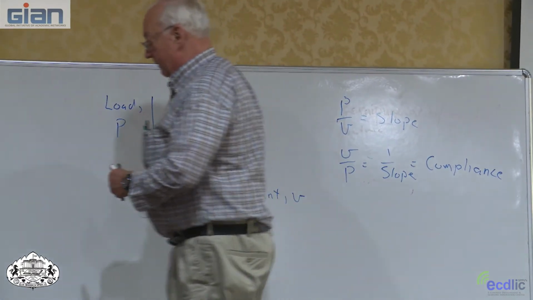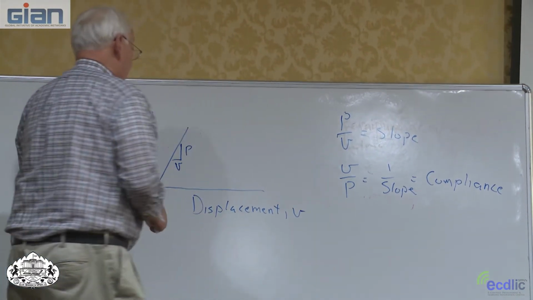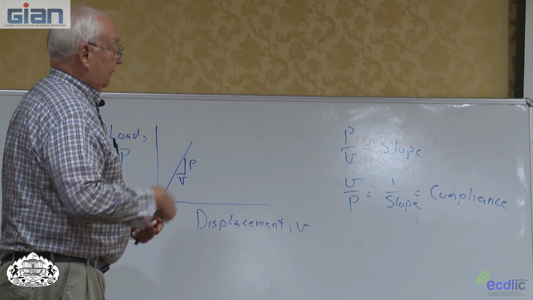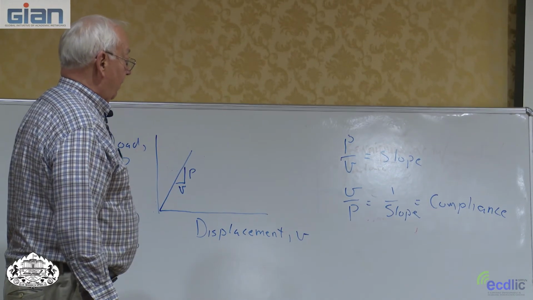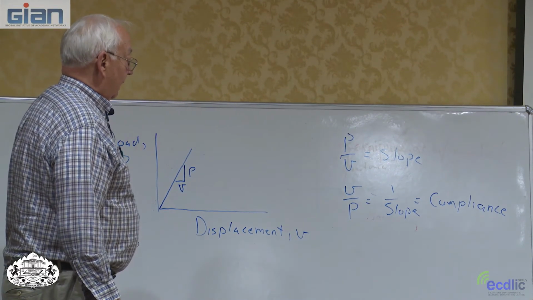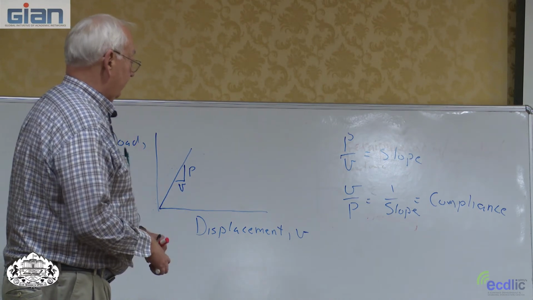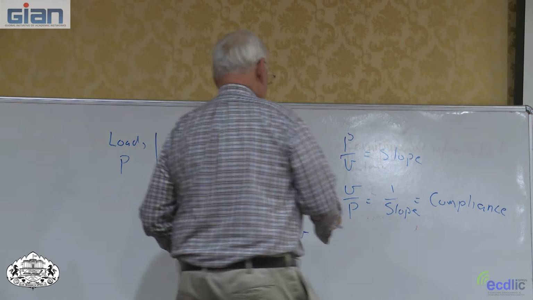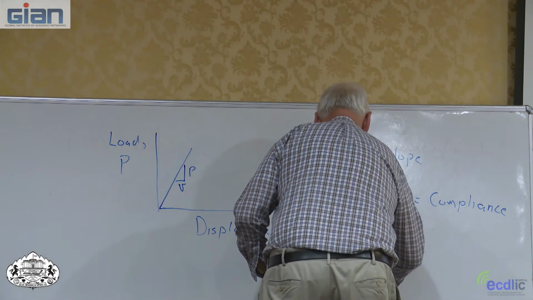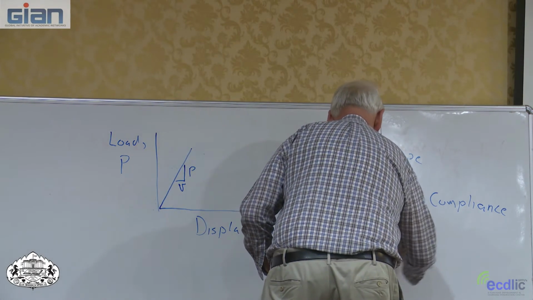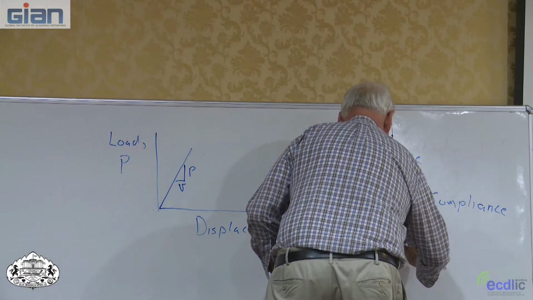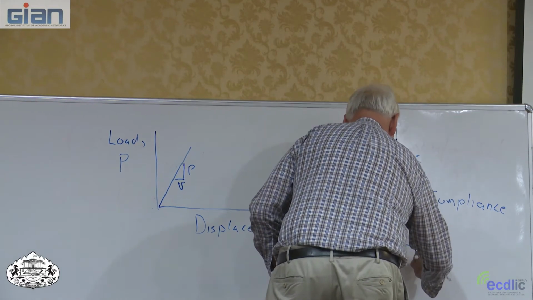What is worked with rather than P over V, the slope of the load, is the inverse. 1 over the slope is called compliance. 1 over slope then has units like this: length, V is a length, and P is a force.